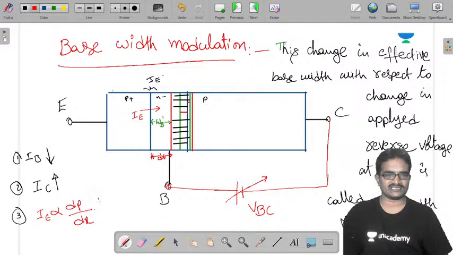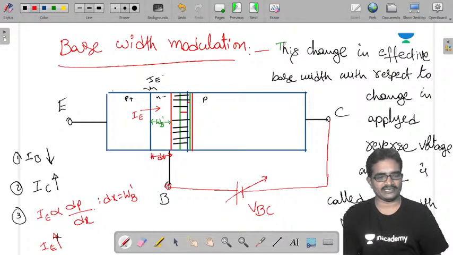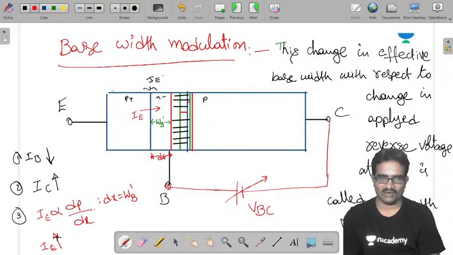So this dx is nothing but WB dash. By increasing applied reverse voltage, the dx value decreases. That means WB dash is decreasing. Once dx is decreasing, IE increases. So therefore IE increases. These are the effects of base width modulation on the different currents we have.